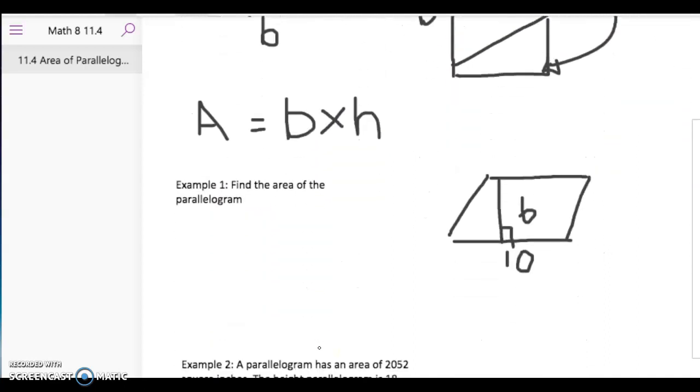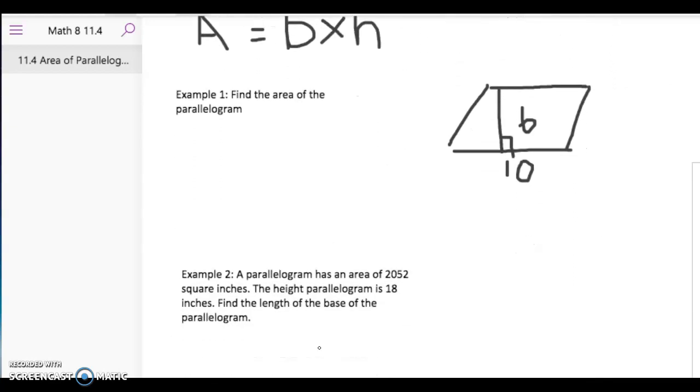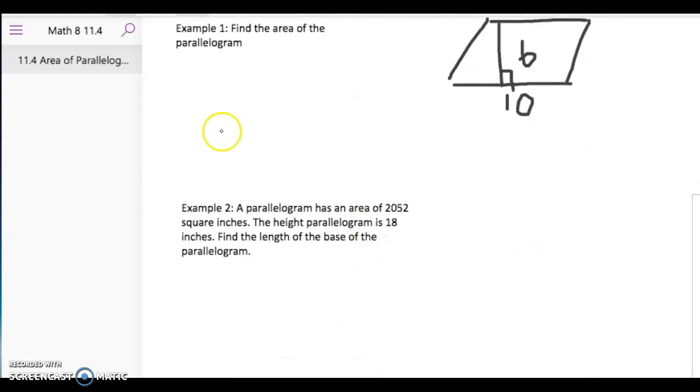Here are some examples. I've pre-written 2 or 3, but I'm going to show you the first 2. Find the area of the parallelogram. The height right here is 6 units tall and the base is 10 units long. So I know that the area of a parallelogram is base times height. Awesome.